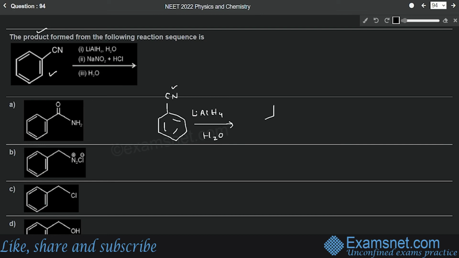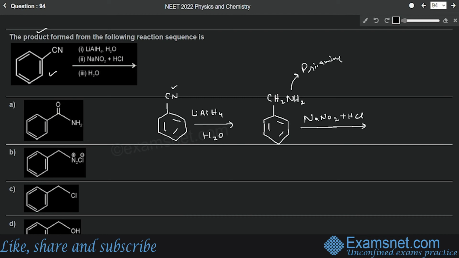Okay, so what will we get here? Here the benzene ring will remain as it is, and here we'll get CH2NH2. So NH2 means it is a primary amine now, right? Now in the next reaction, what happens? This primary aromatic amine is made to react with nitrous acid plus HCl.